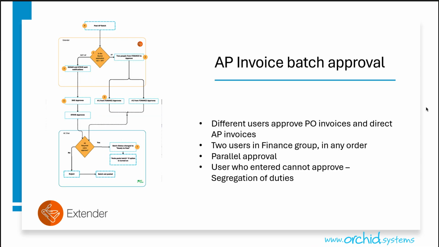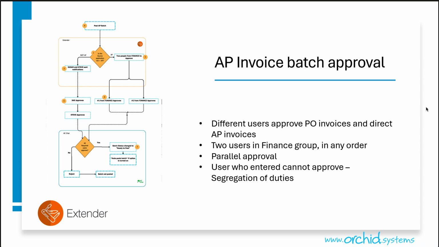In this scenario, we are looking at AP invoice batch approval. And the way we're going to configure this is we have different users who approve invoices that come from PO, purchase order, versus invoices that have been entered directly in AP where the source application is AP.